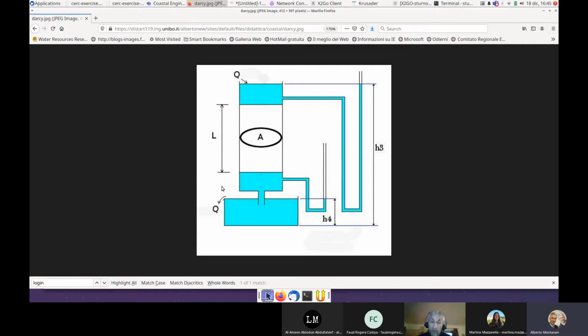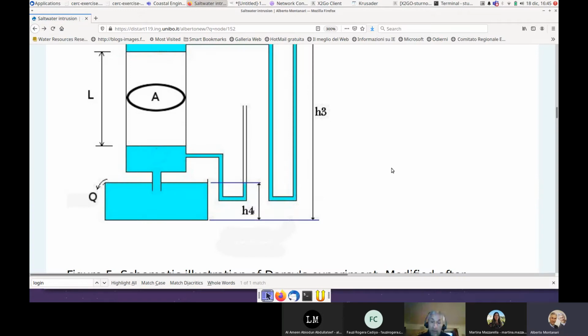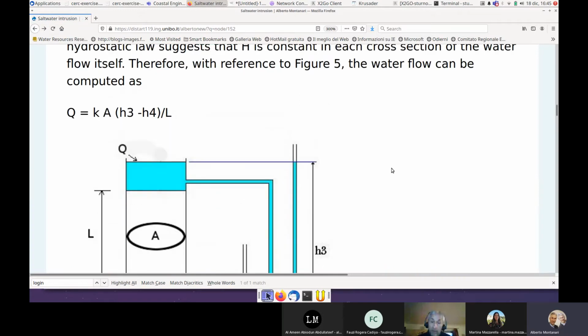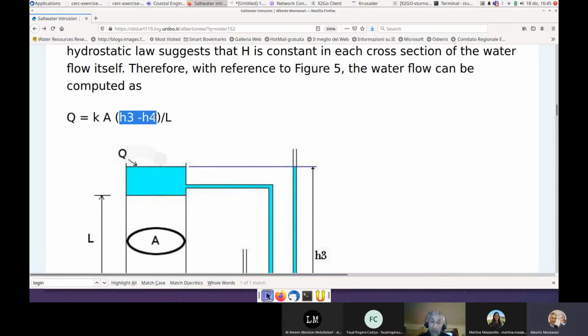Divided by the length of the path in the medium, which is L. So how can I compute Q? I have to compute the gradient, H3 minus H4 divided by L, times, according to Darcy's law, A times K, the hydraulic conductivity.